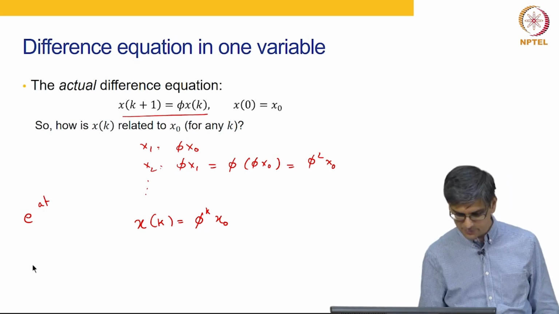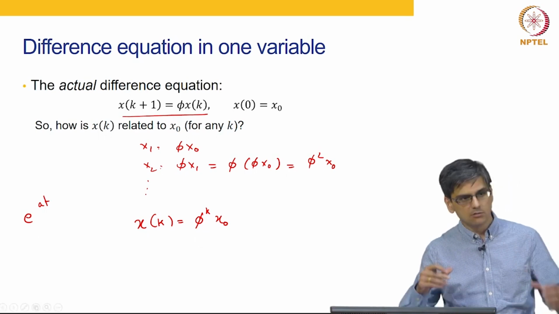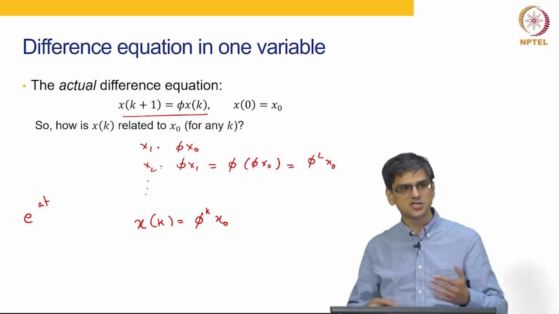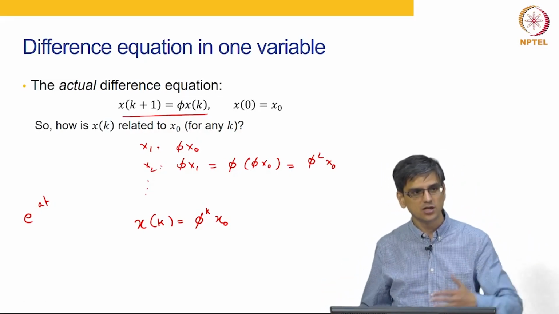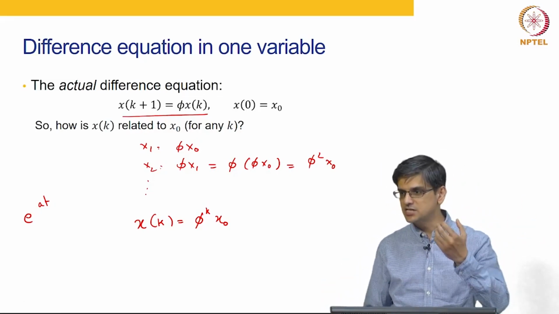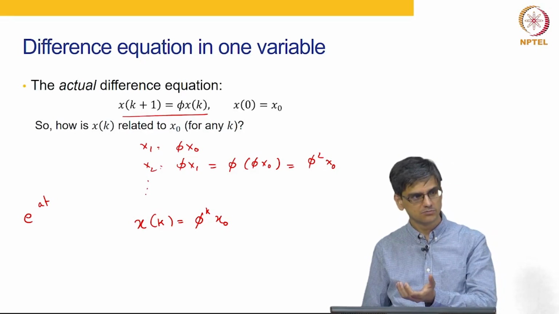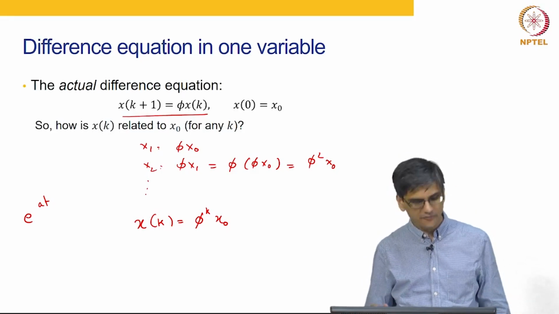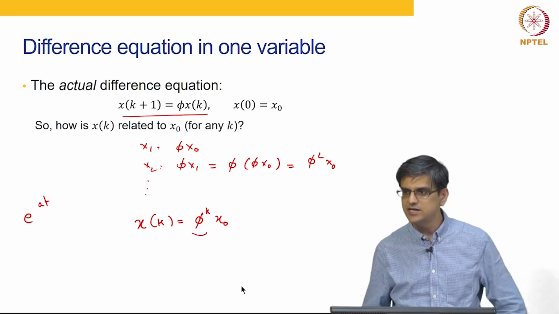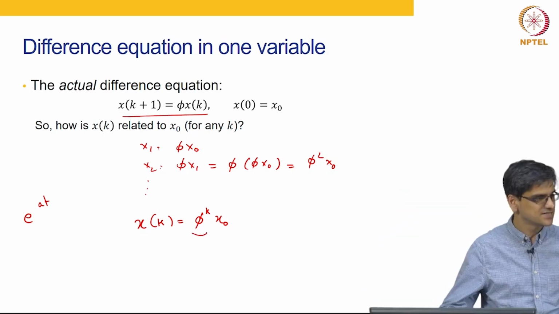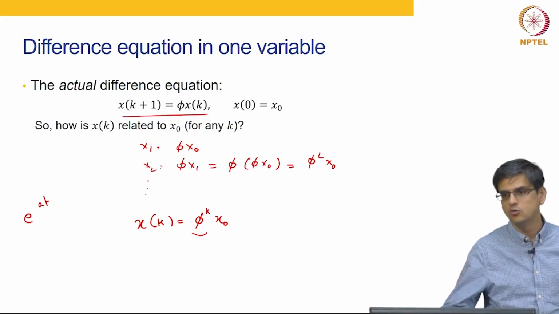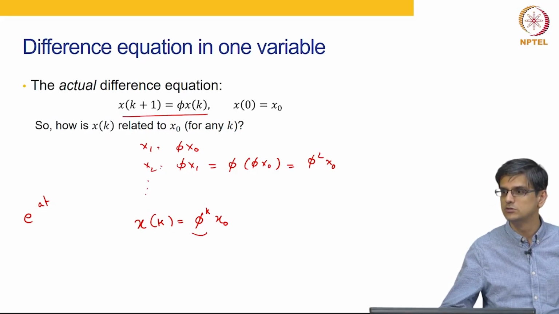Why do you see that? Because e to the power minus t or e to the power minus 2t and so on, as t becomes larger and larger, that value tends to 0, okay. When would phi to the power k tend to 0? When phi is less than 1. What if phi is minus 2?